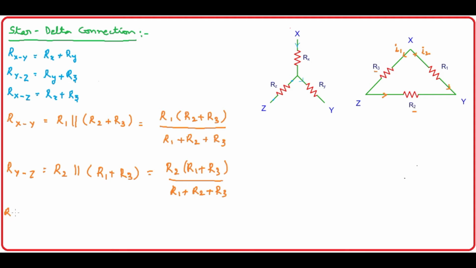Similarly, Rxz is equal to R3 in parallel with R1 plus R2, which is equal to R3 into (R1 plus R2) divided by (R1 plus R2 plus R3).